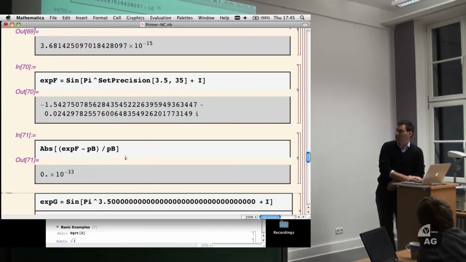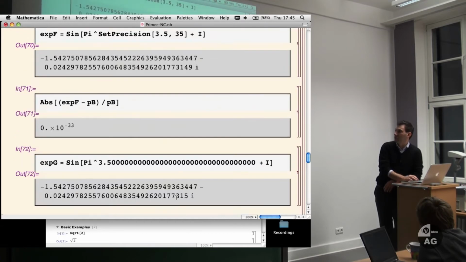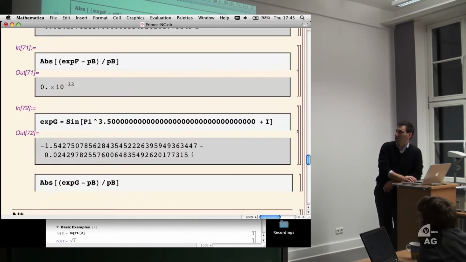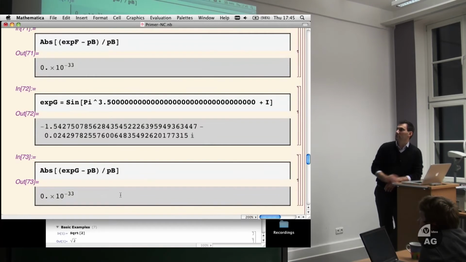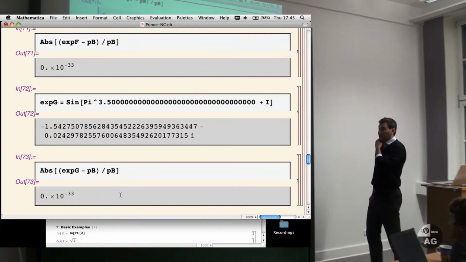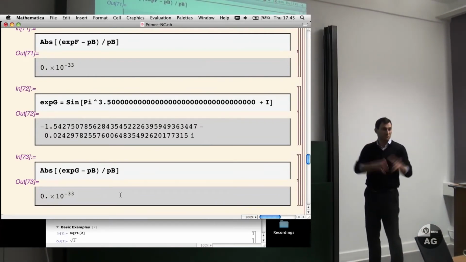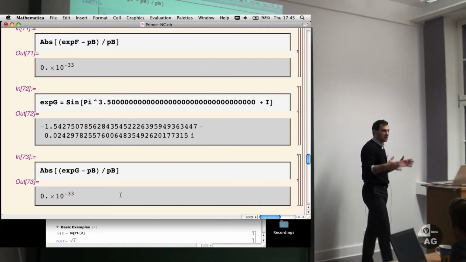And now I can give you the same example. All right, here I constructed 3.5 with I think 35 digits, and here you go. So SetAccuracy is the same as building the numbers with lots and lots of zeros.